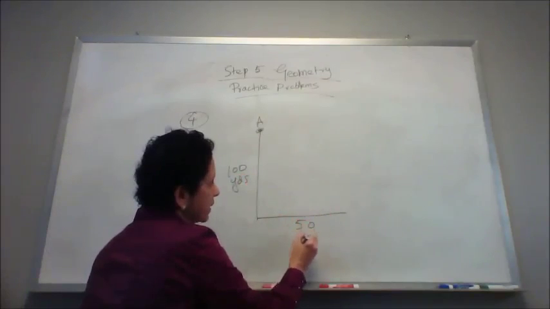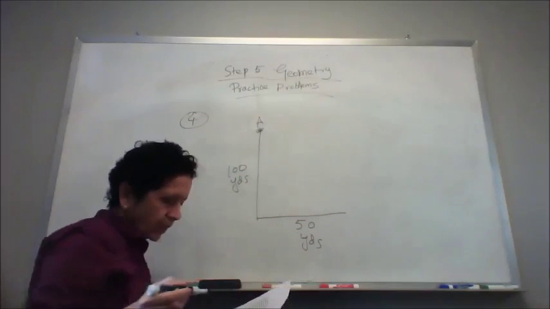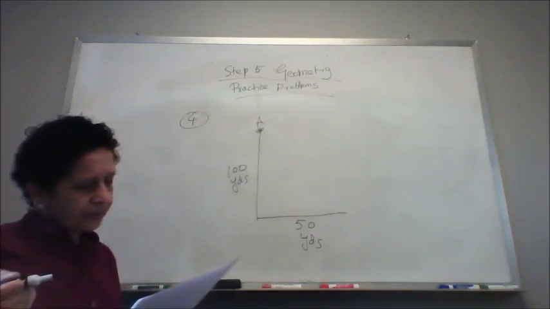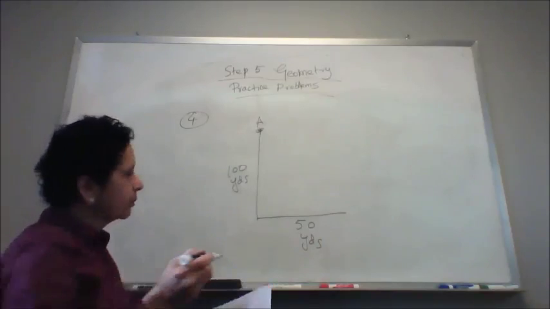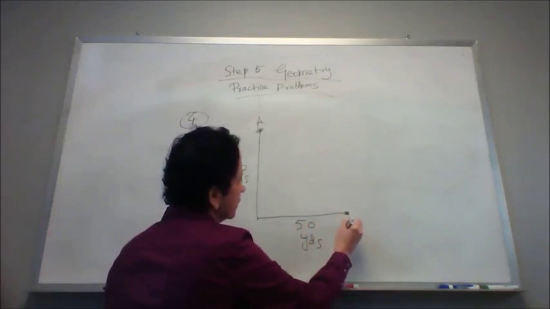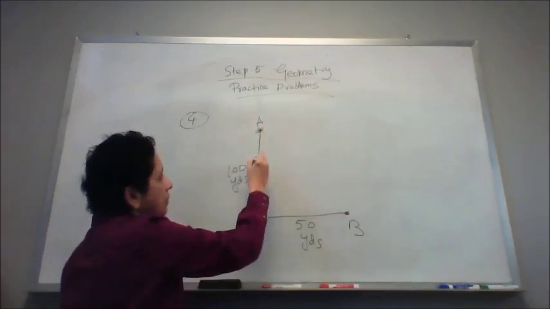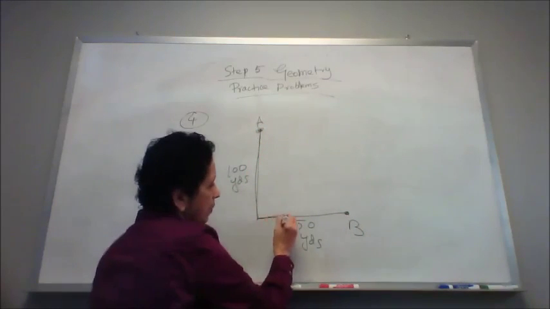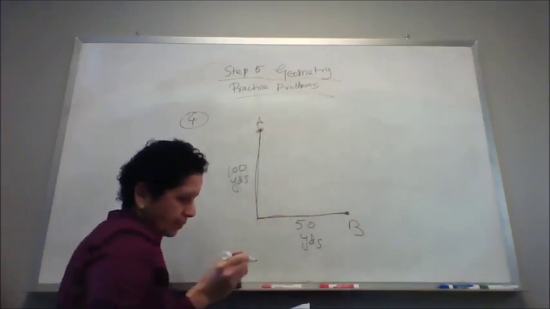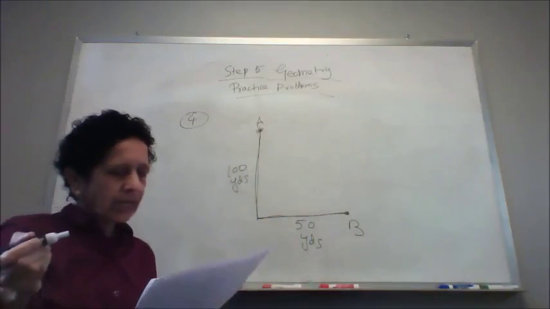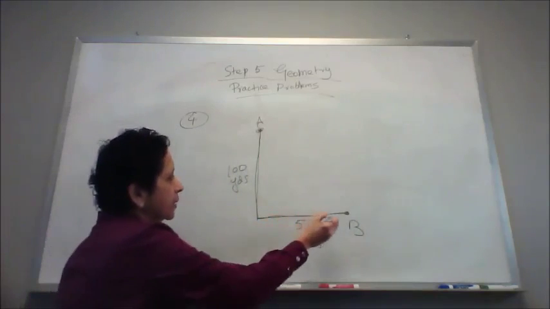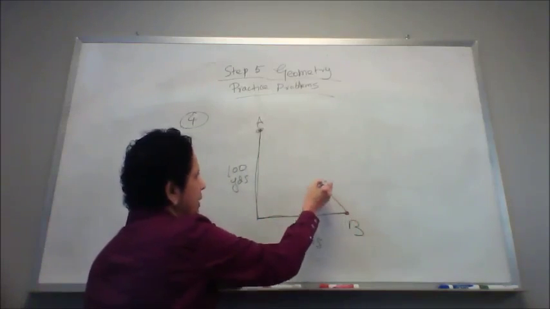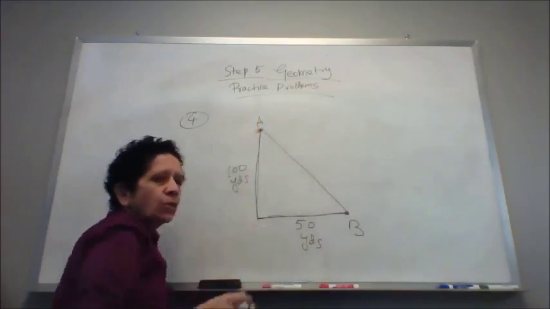So that's 50 yards, to point B. So this is point B. He walked down 100 yards and then walked across 50 yards. The question is asking, if he walks directly from B to A, going this way, how much would he have walked.